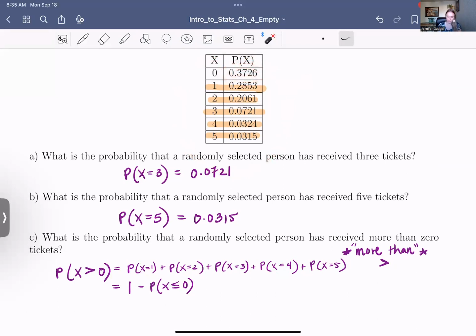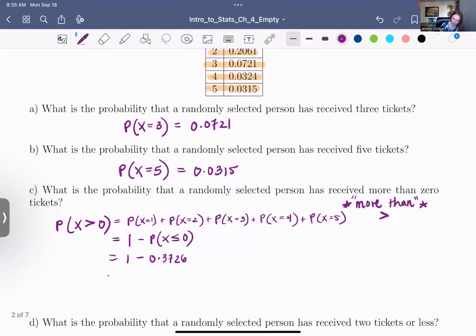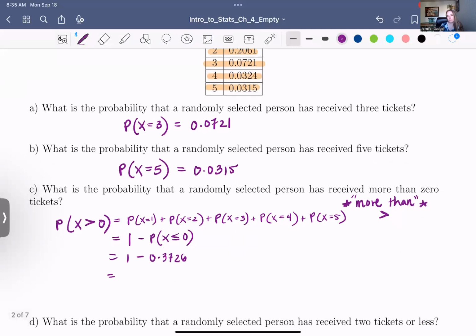And with x being less than or equal to 0, well, our random variable can't take on negative numbers here. All right, so there is no less than 0. This is strictly equal to 0 going on here. This is 1 minus 0.3726. And if I type that into my calculator, I'm going to get 0.6274.